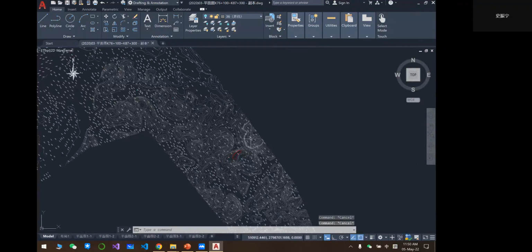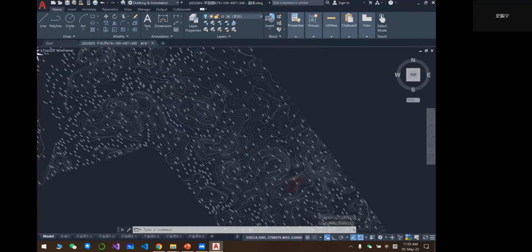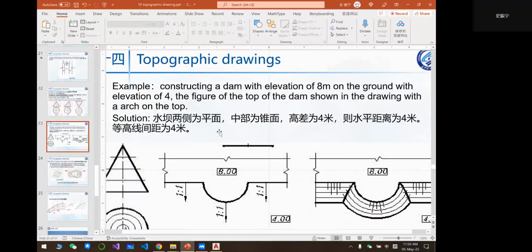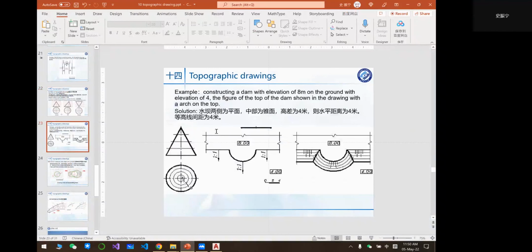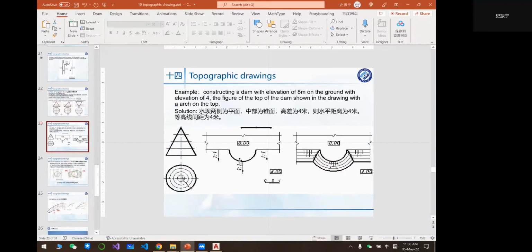Okay, so now we can read this contour map easily. So today we have learned the surface, the contour line of a cone, and the contour lines, and how to get the intersection line between the plane and the cone surface.